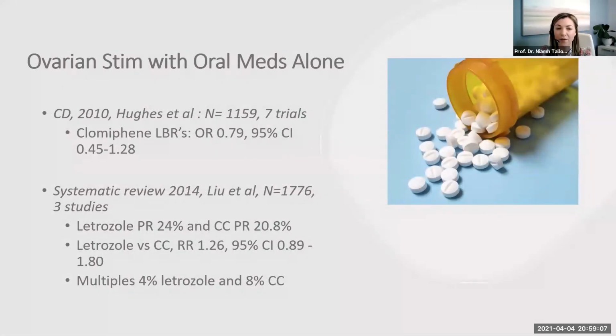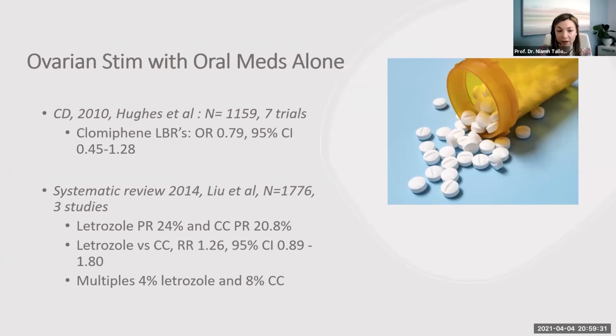So what about ovarian stimulation with oral meds alone? Again, that would be what was looked at in the Bedaiwy study, but in a Cochrane database review by Hughes et al., they looked at Clomid. What they showed from 7 trials was that the live birth rate was lower, though not statistically significant given the confidence interval distribution, but it was not successful in achieving higher odds of pregnancy alone.